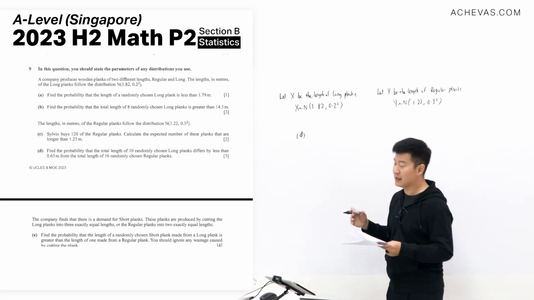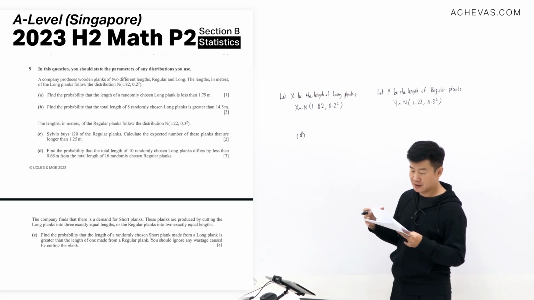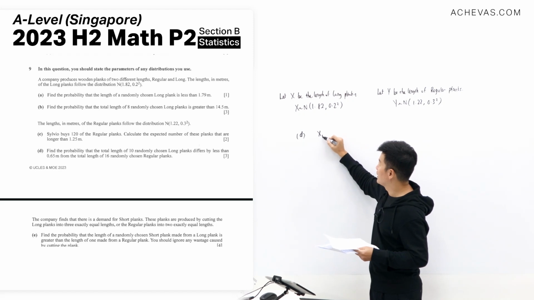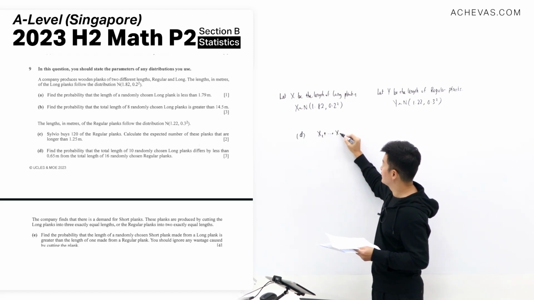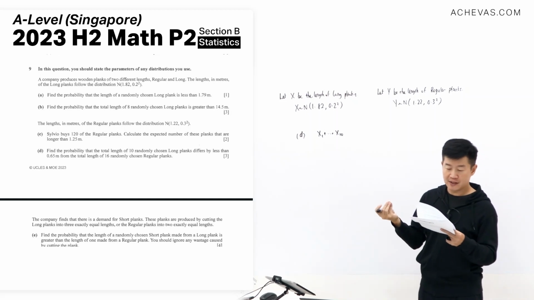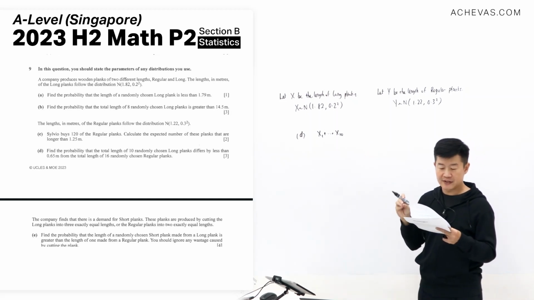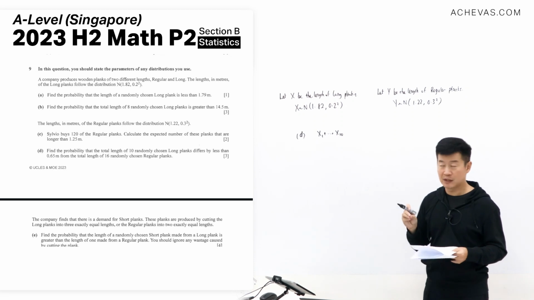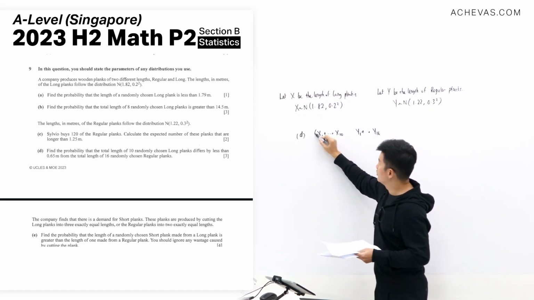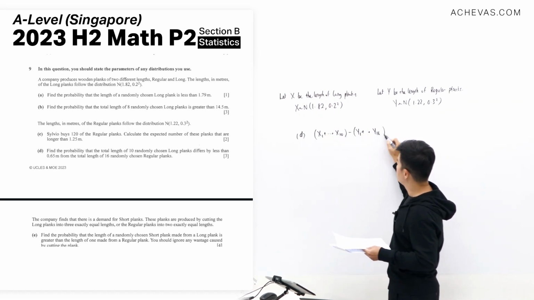So we are looking at the total length of 10 long planks. So it is going to be x1 plus x2 plus all the way until x10. We are going to find the difference between this and the total length of 16 randomly chosen regular planks. So that will be y1 plus y2 plus all the way until y16. We are going to be looking at their difference.